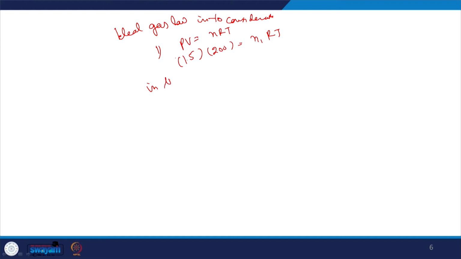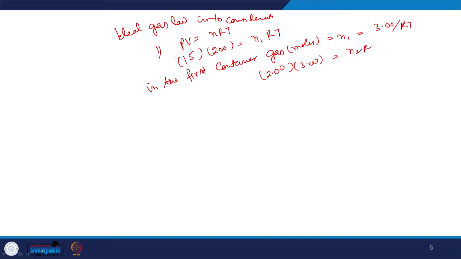So, in the first container, the gas moles N1 is 3.0 upon RT. And 2.00 into 3.00 is equal to N2 RT.